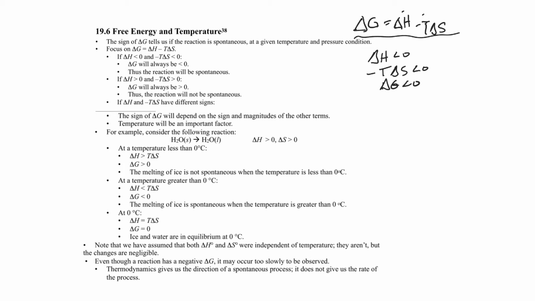So if you know a situation in which the enthalpy is negative, and you also know that the entropy is positive, so positive, more random.